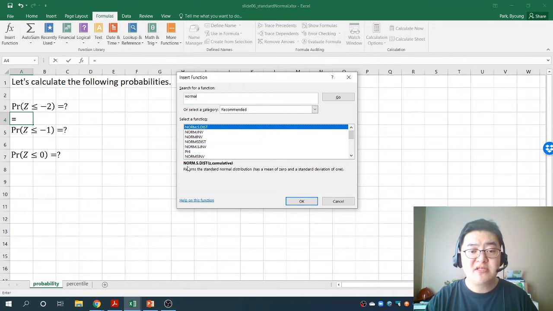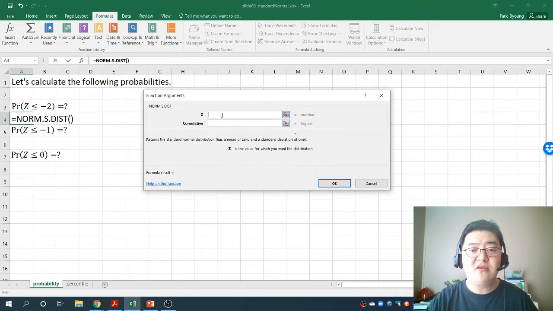So norm stands for normal distribution, S means standard, dist means distribution. And this formula has two arguments, z and cumulative. I'll show you how to use that. So choose this, okay? Then you have to enter two entries.